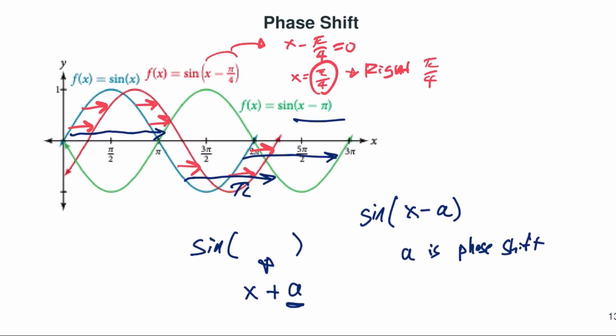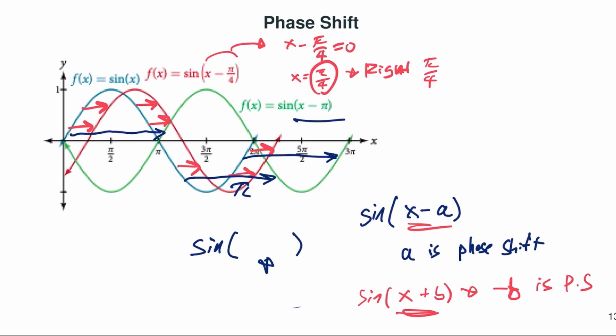Actually, it'd be better to just write minus. If you have sine x plus b, then negative b is the phase shift. Whatever makes 0 inside is the phase shift. You just write PS, short for phase shift.